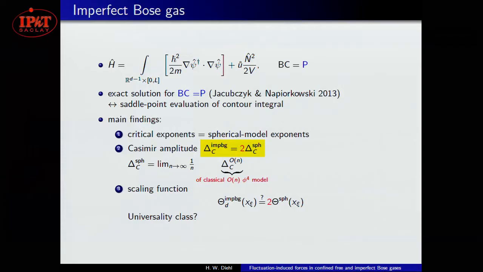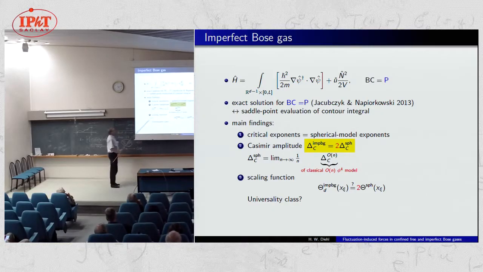Now, let me move on and consider the imperfect Bose gas. So this is the Bose gas where all pairs contribute the same amount to the potential energy, and this is well defined for periodic boundary conditions. This was solved by Jakubczyk and Napiorkowski exactly.